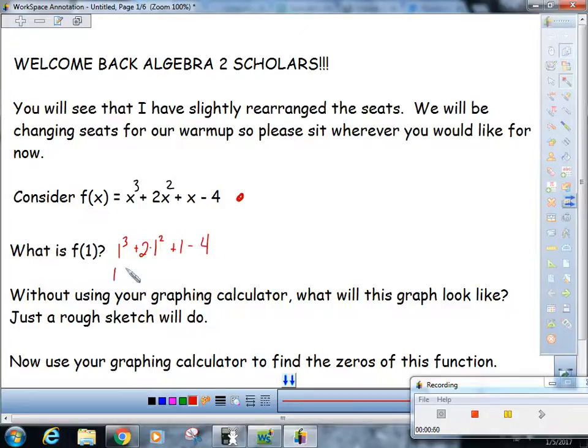That's 1 plus 2 plus 1 minus 4, and as we found together, f of 1 is 0. Without using a calculator, hopefully you remember that since the leading term is positive, it's going to start low, bend twice, and end high. That's all I was asking you to remember. Does that ring a bell?